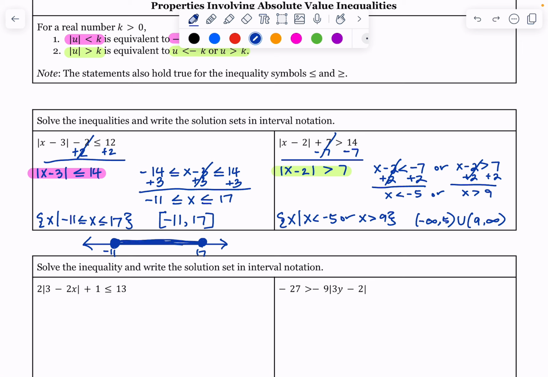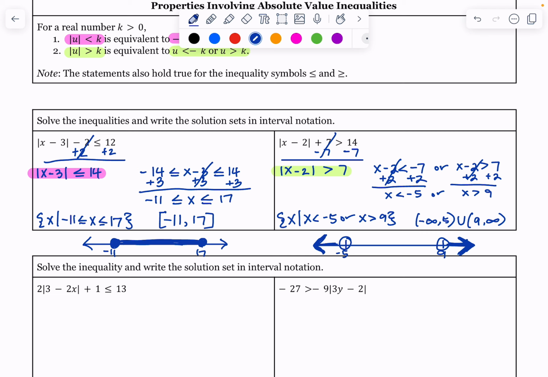So the solution set is everything in between. And then over here, on our number line, our lower number is negative 5 with an open circle, and our upper number is 9 with an open circle, and they're open because of just this greater than. Less than negative 5 would be shaded to the left, and greater than 9 would be shaded to the right.